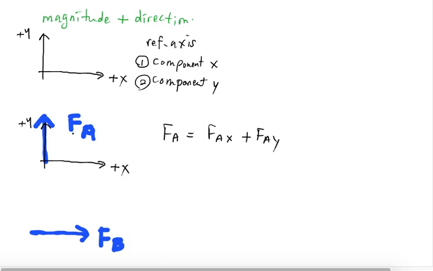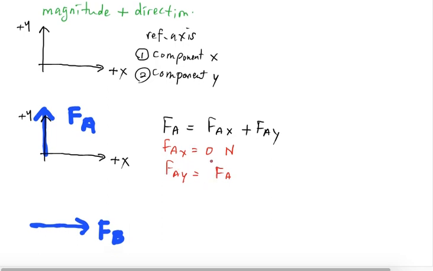So in this case, does FAX exist? No, it does not, because the vector FA exists only in the Y component. So you can say that FAX is 0 Newton, and the Y component of FA does exist, and the value is FA.